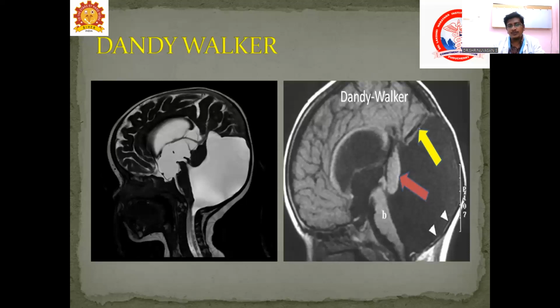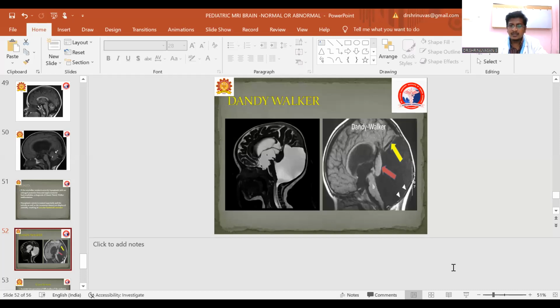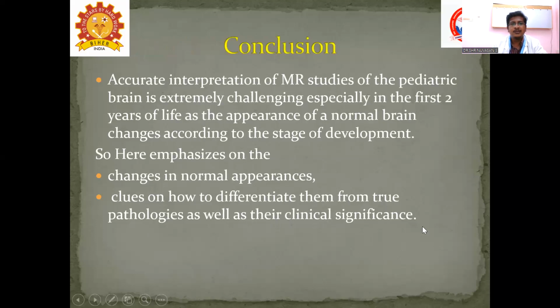So here I am showing the classical imaging appearance of Dandy-Walker malformation, where you can see the enlarged posterior fossa and the lambdoid inversion. See here, this is the torcular inversion and hypoplastic posterior fossa structures which are attached here. This is the classical appearance of the posterior fossa malformation, classic Dandy-Walker.